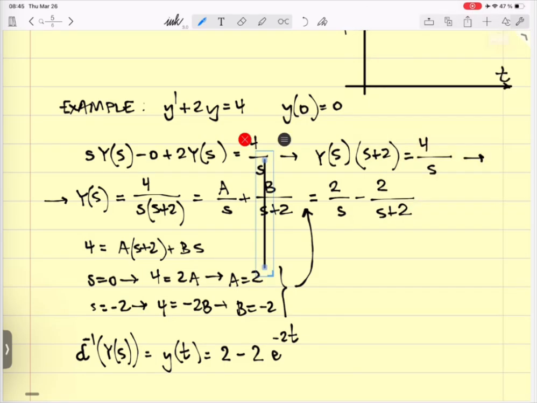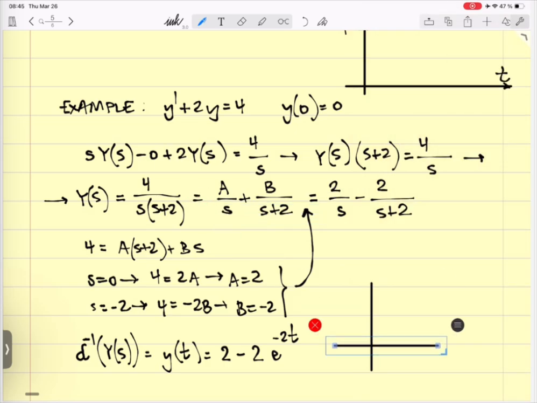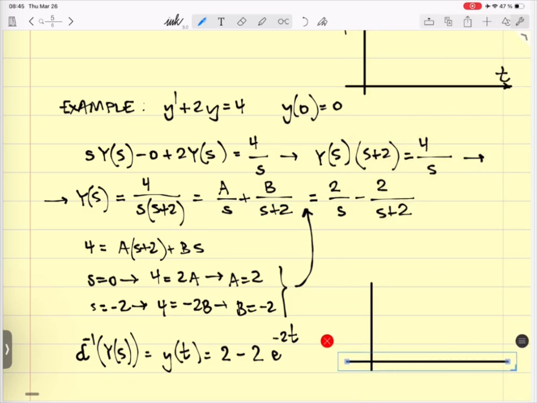So this means the equation that we get is something like this. For t equals 0 we get 0. When infinite we deliver something like 2.